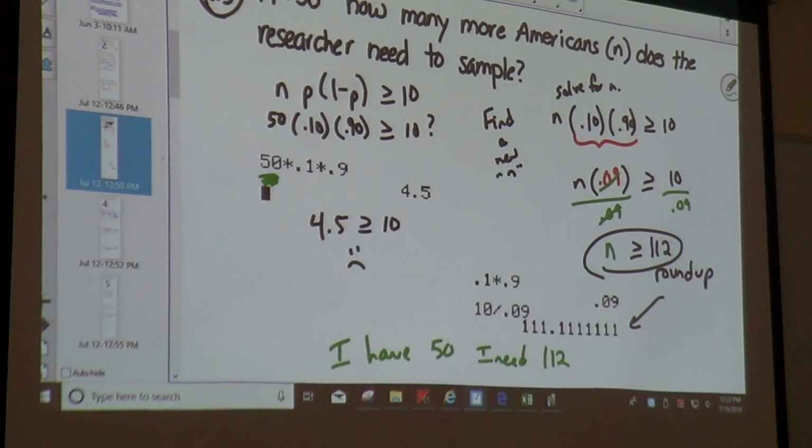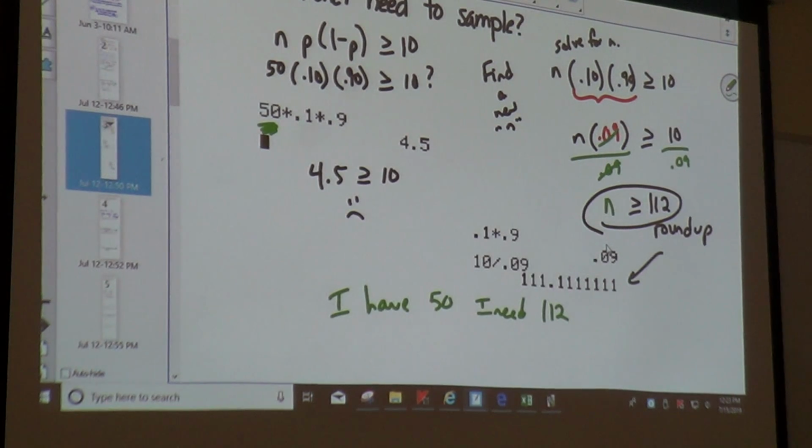How many more do I need? 112 minus 50 is going to be 62. That is your answer. So they said I sampled 50, but that wasn't enough. I need to figure out how many more I need to sample.